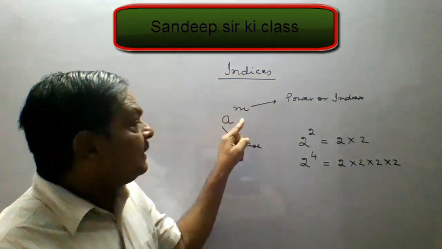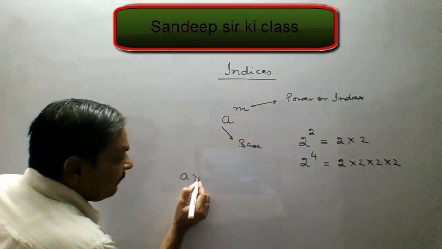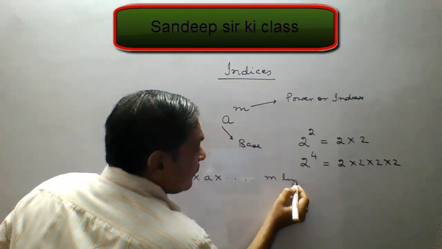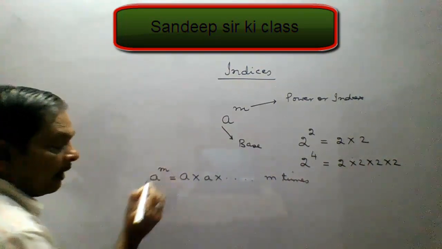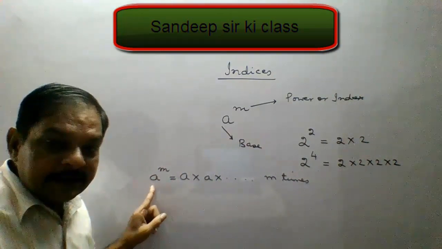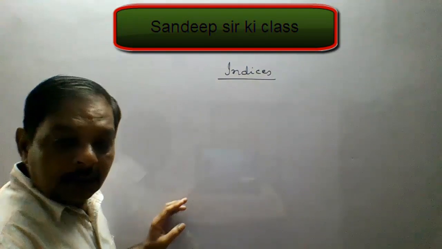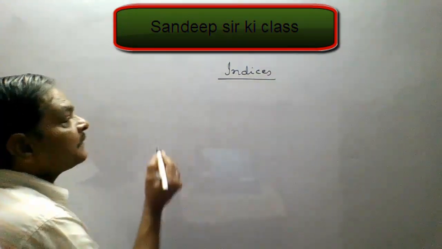Similarly, when we write a raised to the power m, then a is multiplied m times. This is the meaning of a raised to the power m, where a is the base and m is the power or index. Now we will see the laws of indices.